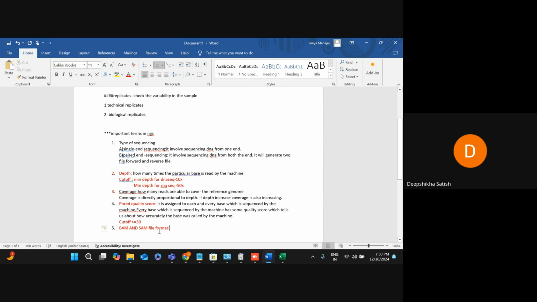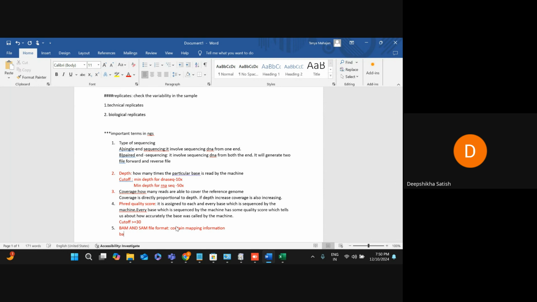So what are the BAM and SAM file formats? These are two types of files you will get during alignment. It contains the mapping information, or as you said, the alignment information.